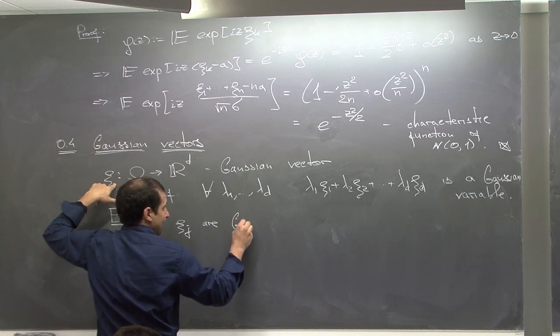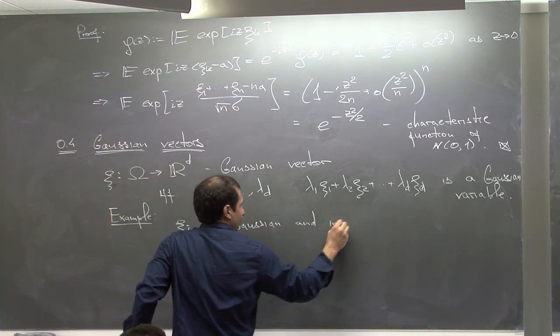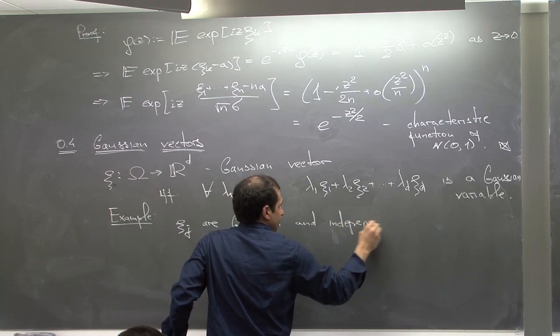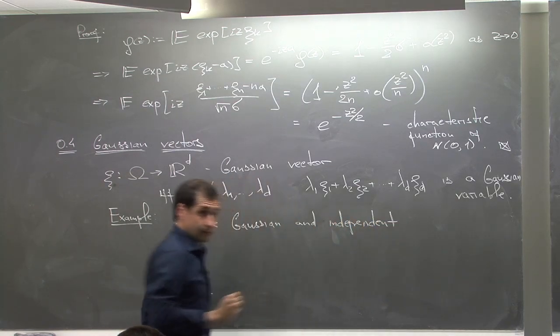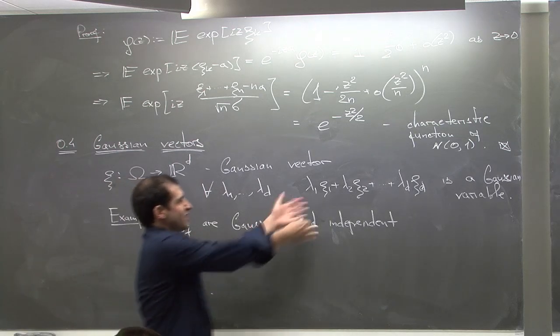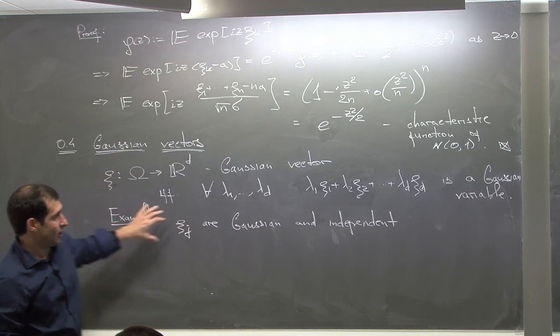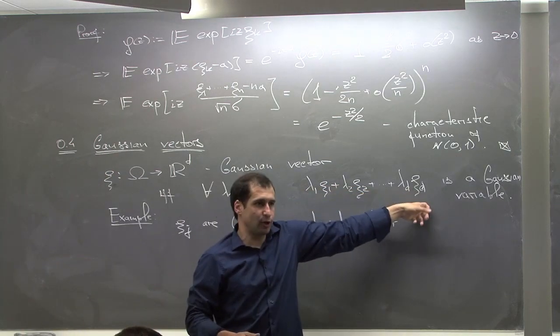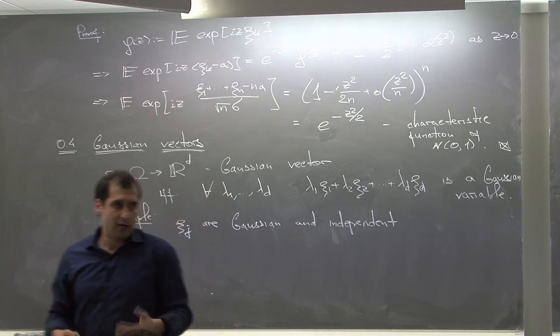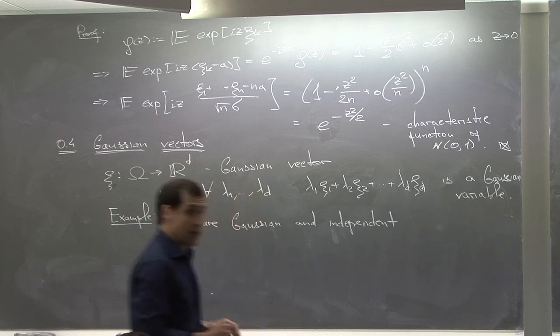Then we can construct this multidimensional random variable, and of course each of the combinations is again Gaussian, because the sum of two independent Gaussians is again a Gaussian variable.